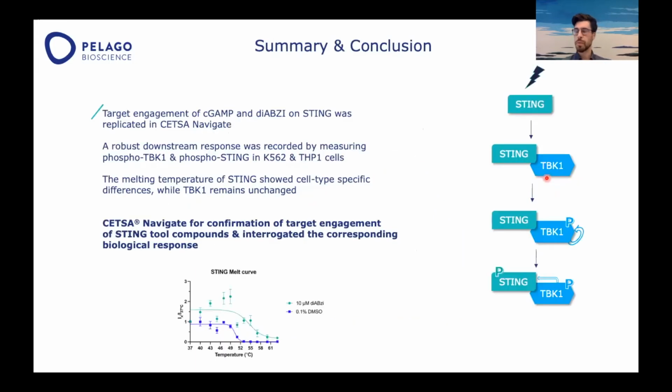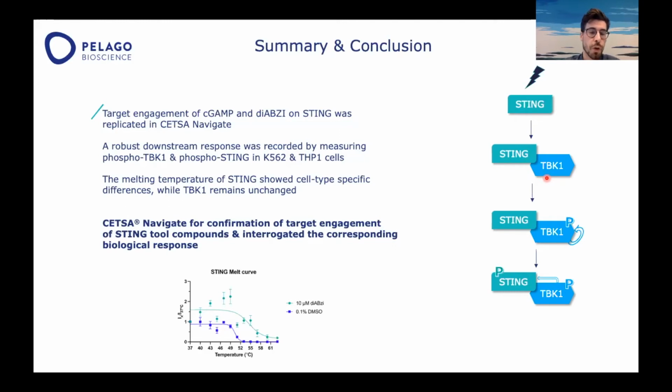So to summarize and conclude, we observed target engagement of our tool compounds and replicated the finding in CETSA Navigate. We could observe a robust downstream response, and that was recorded by measuring phospho-TBK1 and phospho-STING in not only one, but two cell types, that was K562s and THP1s, and where it appeared that the melting temperature of STING showed cell type specific differences, while TBK1 actually remained unchanged.